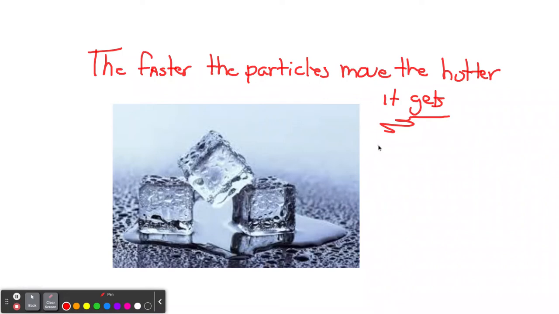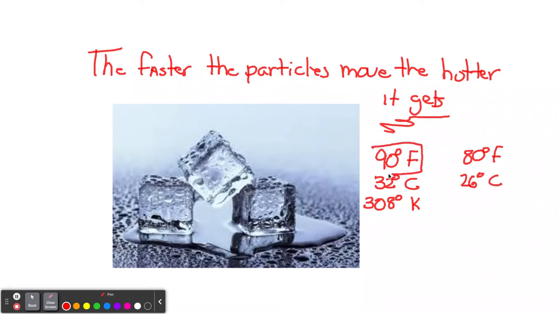If you think about the temperature outside, let's say it was 90 degrees Fahrenheit, which is very hot, basically 32 degrees Celsius, and about 308 degrees Kelvin, maybe less than that. And then if we had 80 degrees Fahrenheit, which is about 26 degrees Celsius, in which one are the particles moving faster?